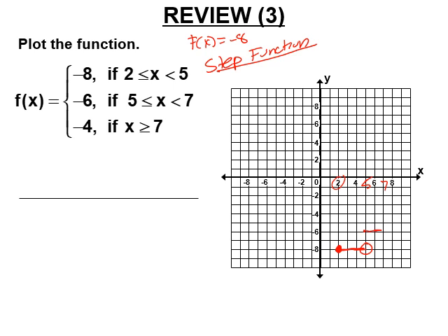So again, we're between, this one is shorter. The first one was longer, and we need closed circle on 5, open circle on 7. And then we're at -4 with a closed circle for any number greater than or equal to 7. So that is our step function here.